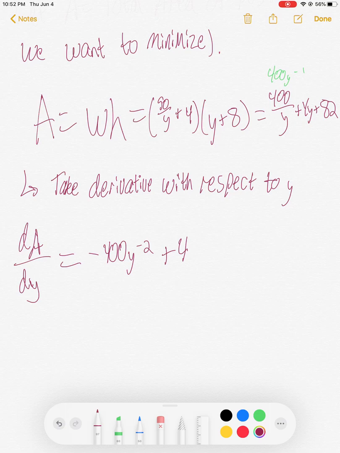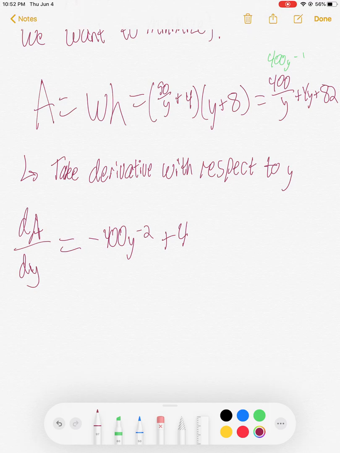So the comment I want to make: the reason that I solved here for x in terms of y, I got x equals 50 over y.